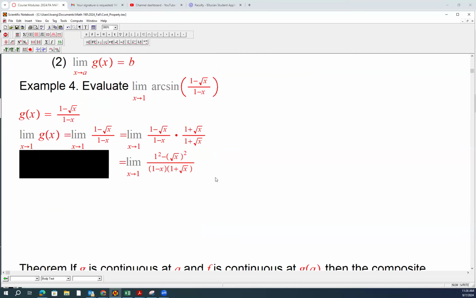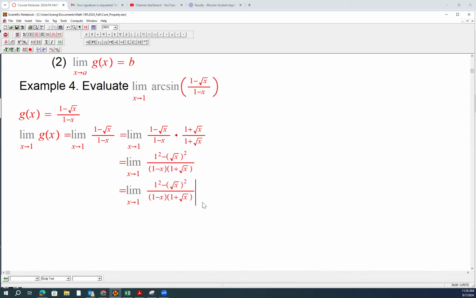On the top, we have x minus 1 minus x, and this piece is going to be 1. X approaches 1, but x is not 1. In fact, x cannot be equal to 1 domain-wise.